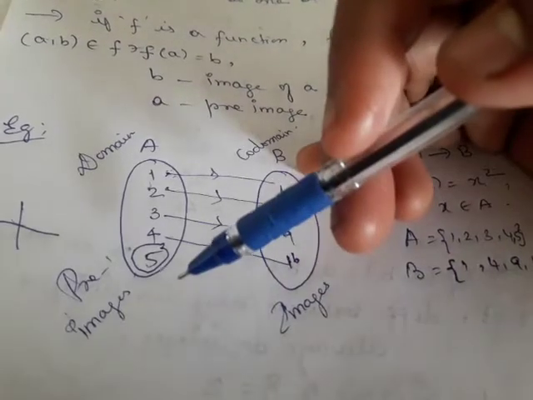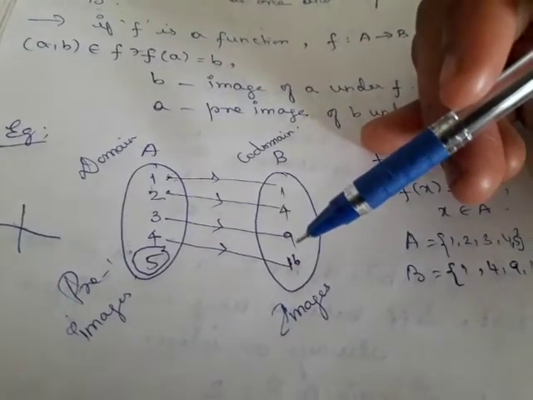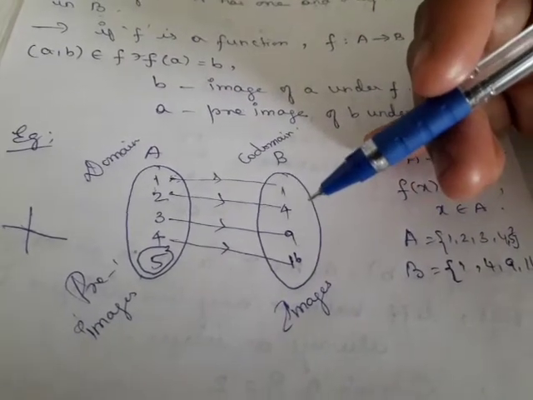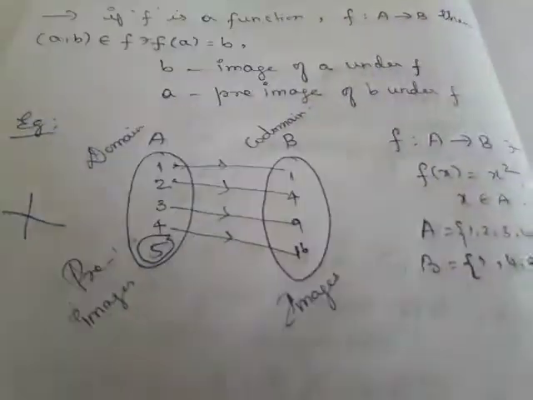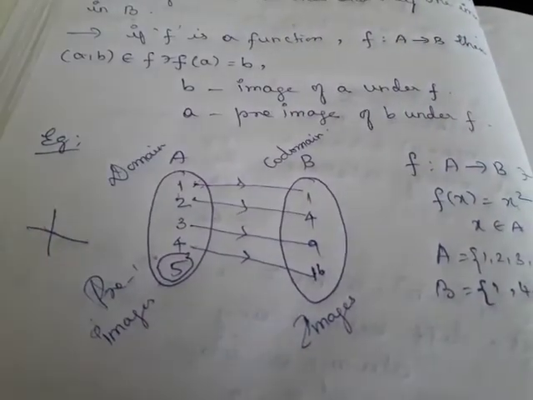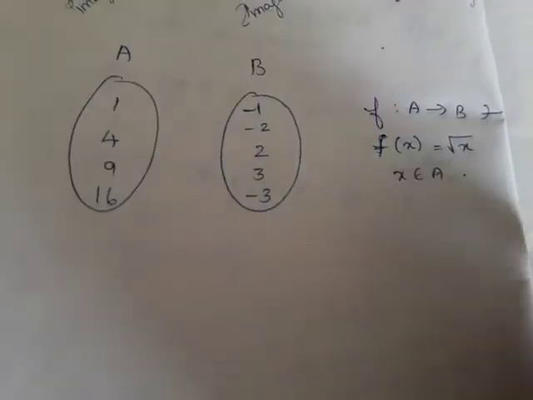So every element should be mapped to some element or the other in set B, right? Now let us see another example, for an element in A having many images in B. Now check out this example.